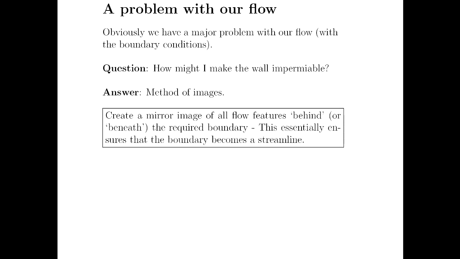Basically, we create a mirror image of all the flow features beneath the required boundary. This essentially ensures that the boundary becomes a streamline. So what do we know about a streamline? There is no velocity component perpendicular to a streamline. No velocity can cross a streamline.